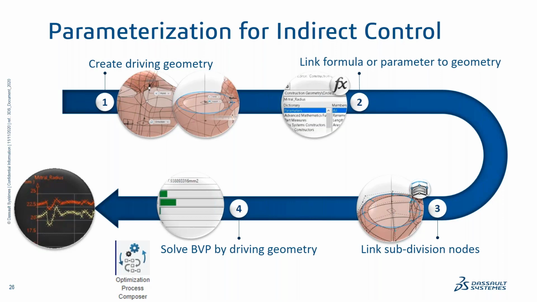You're just more concerned with overall annulus size, right? You can tie that to one single parameter of geometry, link all those nodes directly to that wireframe geometry that represents that one parameter, and then you can start running this through an optimization process composer, start looking at boundary value problems, right, to get an exact area output on your annulus.